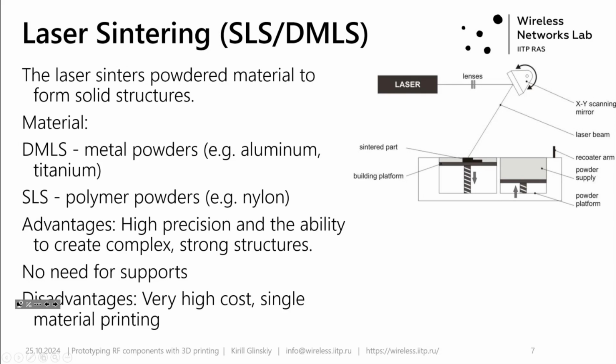This method has very high precision, as the laser can be collimated to a very fine point. It creates very strong structures, pretty much equal in strength to injection molded parts, so parts which are isotropic. And as the object is suspended in a bed of powder, which is to be sintered, it means that no support is required at all.